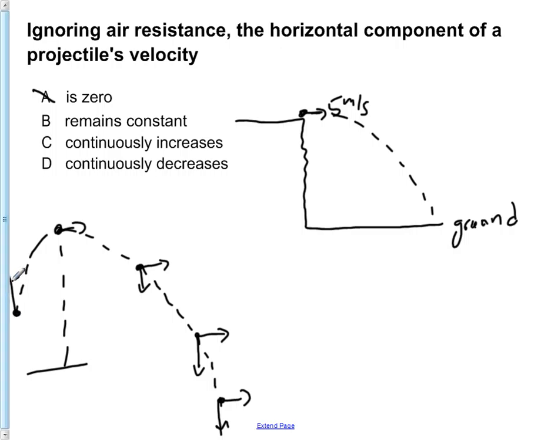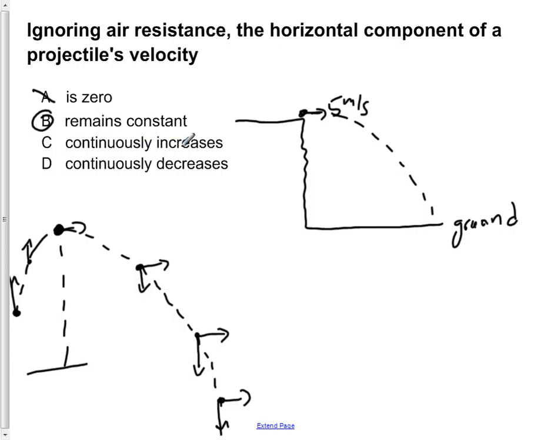So if you threw an object up, its velocity would decrease as it goes to the top. The y component would be 0 at the top. There would still be an x component, and then as it falls back down, the x component remains the same while the y component increases. So B, remains constant, is true.